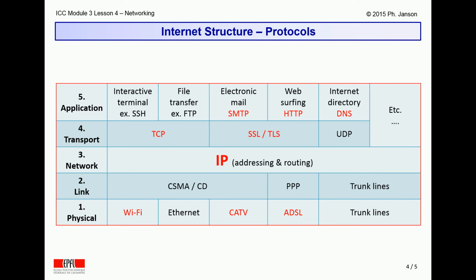The Internet architecture follows, and in fact defined, the 5-protocol layer model introduced earlier. At the physical layer, it offers a wide variety of interfaces supporting such connection technologies as Wi-Fi, Ethernet, cable TV, ADSL, trunk lines, etc. At the link level, it supports protocols such as, for instance, CSMA-CD over local and metropolitan networks, or PPP over local ADSL lines.